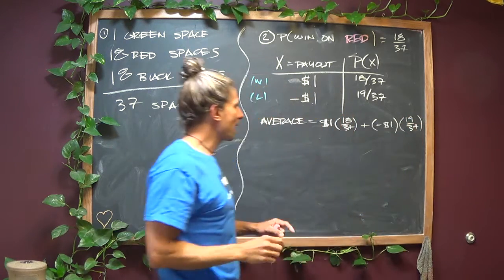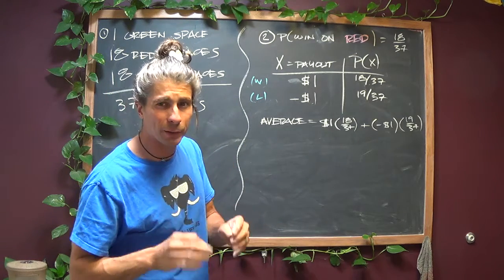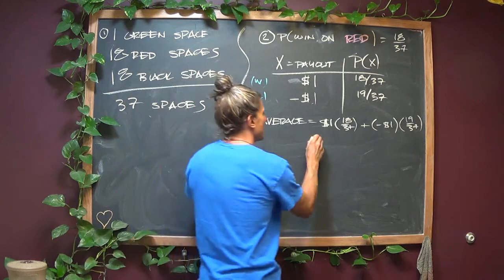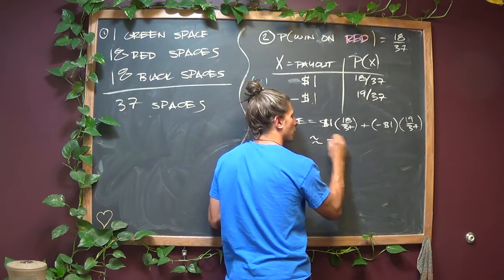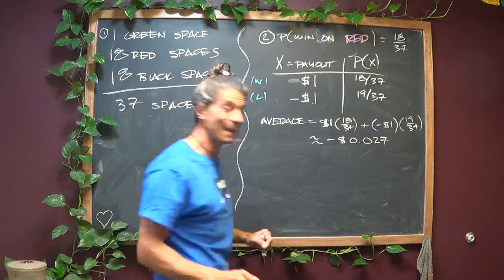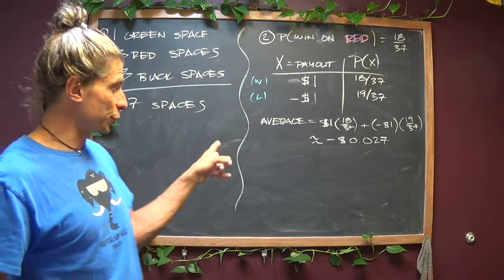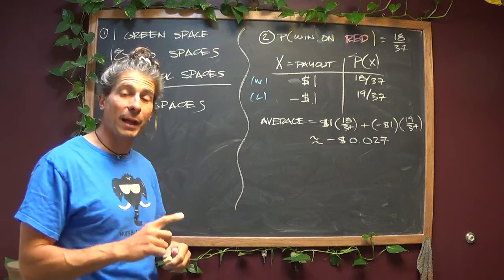And if I did my math correctly, that's going to be -1/37th, which is right around a loss of 3 cents. Just ran the math before I hit record. I get -$0.027, which is -2.7 cents. So on average, you're going to lose just about 3 cents every time you bet on red.